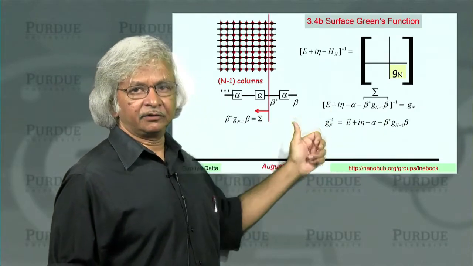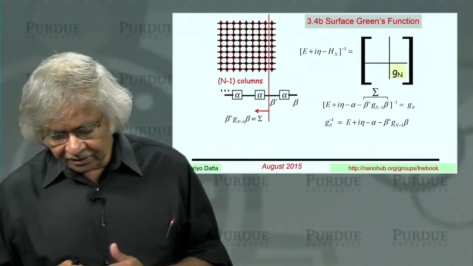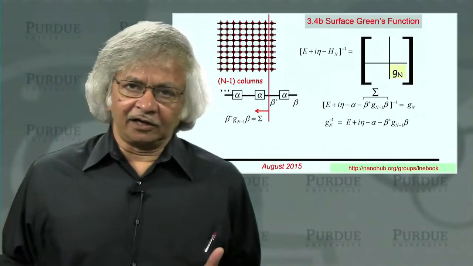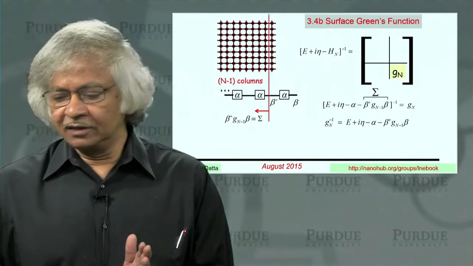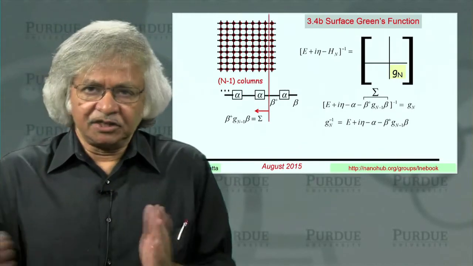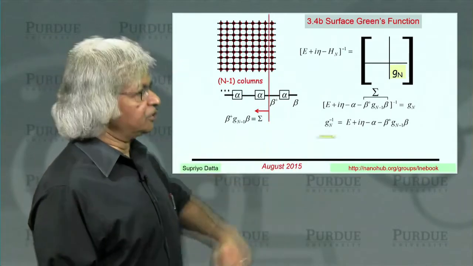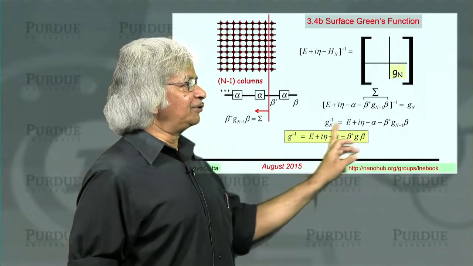Put it back in there, you get 4 columns, and so on. And when a contact is large enough, you'd get to the case of an infinite contact, when you find that if you take, say, 1000 columns and you add one more column, it doesn't change much. It essentially has converged. So the converged solution would be when that G is equal to that one.